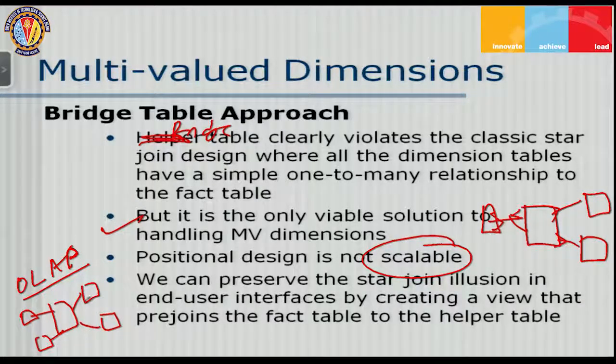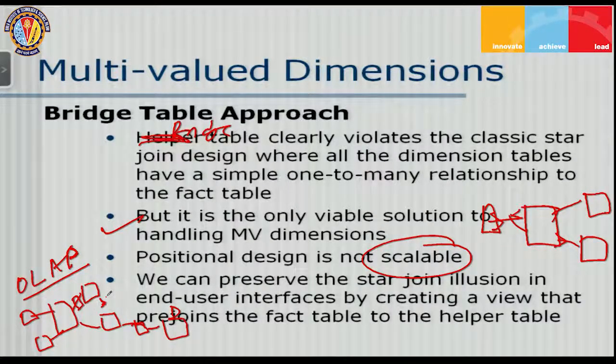But when you add a bridge table, you are creating a kind of distortion, like in the case of account, where you have another dimension linked to an existing dimension through this. So in either case there is a distortion to the classical star schema.